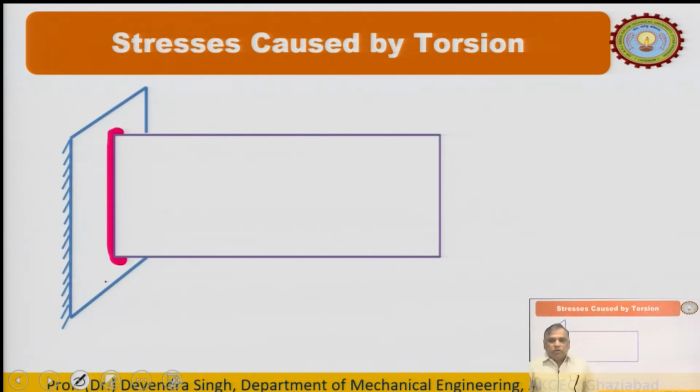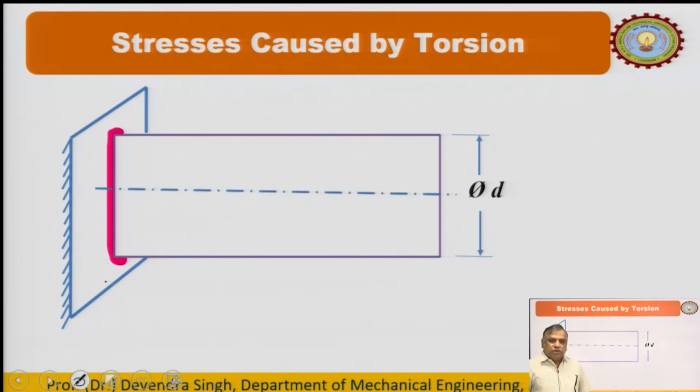This is a circular rod which is supported rigidly at one end, the diameter is d, and this is the axis, and we apply some torque. Then it will have a twisting effect, because the other end we have fixed here.